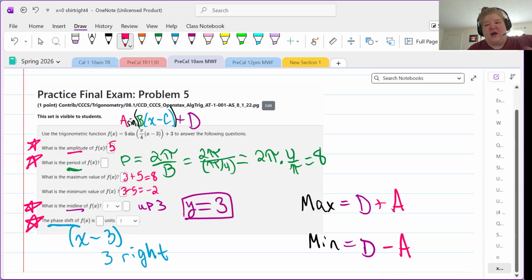So this one is not a multiple choice question because trying to write all 4 of these answers in a multiple choice is a giant headache, because then you're having to snoop through each line and see which number changed, and it just gets real confusing. So this one is a free response. There's not really a lot of work to be shown here, maybe for the period, but for the amplitude, you just put a number down.